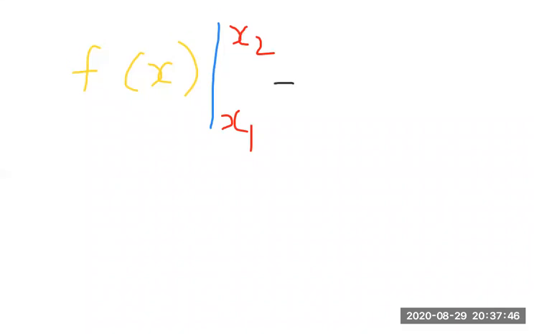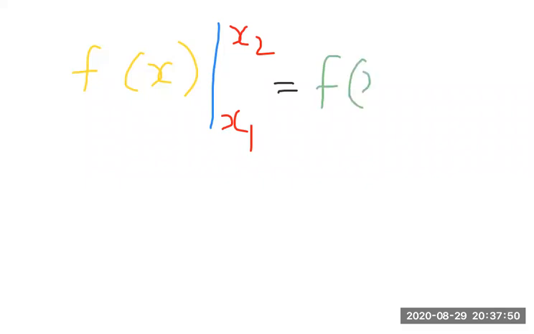Next, the very important thing I want to conclude with is the application of limits. In integration, you have to know how to apply the limits. There is a given function, f of x. x1 is called the lower limit and x2 is called the upper limit. Then how do we substitute the limits?